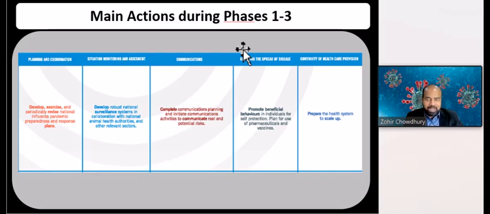For example, some of the actions would be to develop, exercise, and periodically revise national influenza pandemic preparedness and response plans, develop robust national surveillance systems in collaboration with national animal health authorities and other relevant sectors, complete communications planning and initiate communications activity to communicate real and potential risk, promote beneficial behaviors in individuals for self-protection, plan for use of pharmaceuticals and vaccines as well, and prepare the health system to scale up for a potential phase 4.